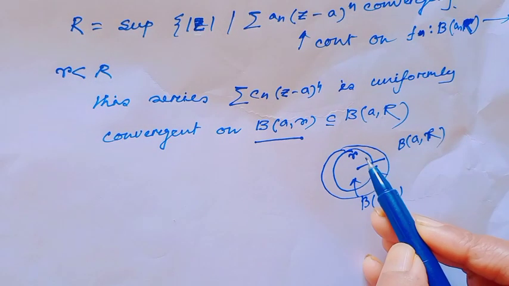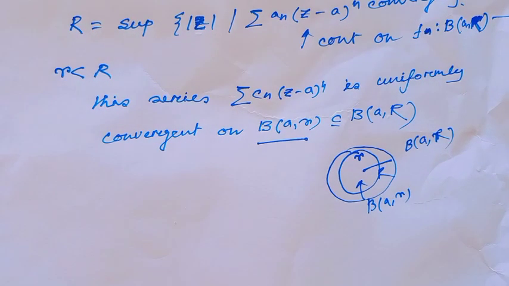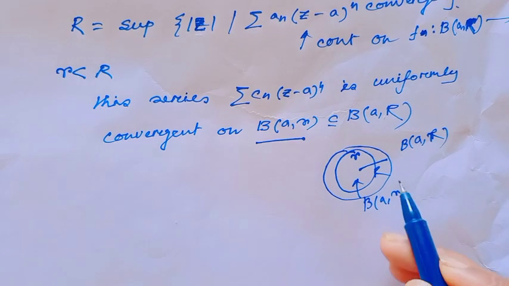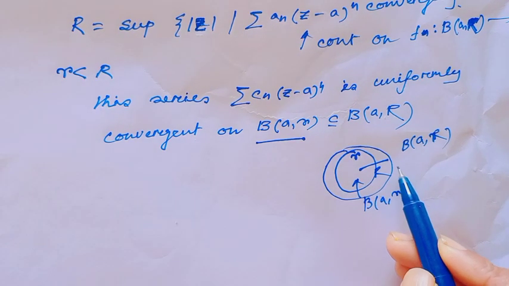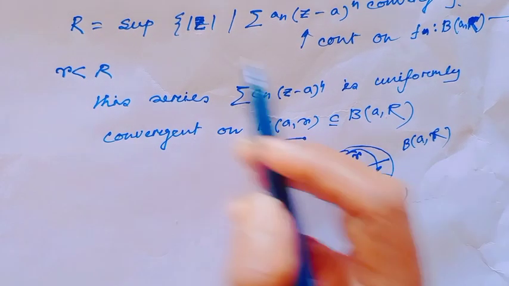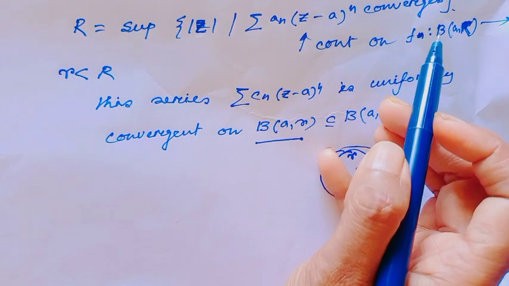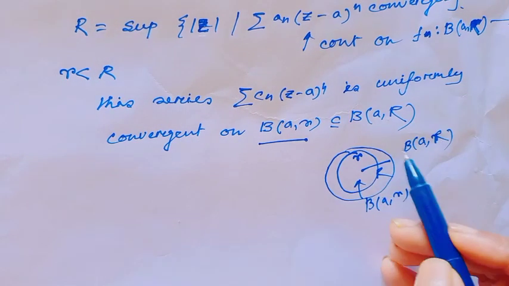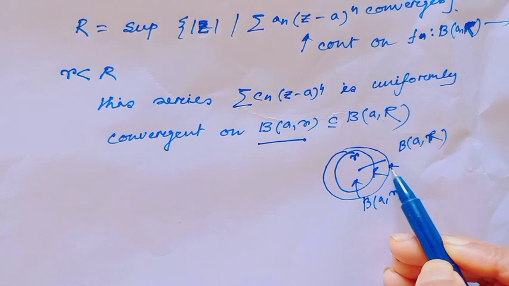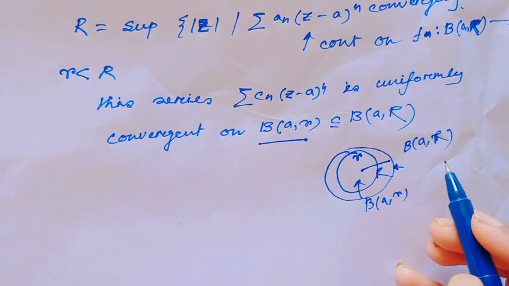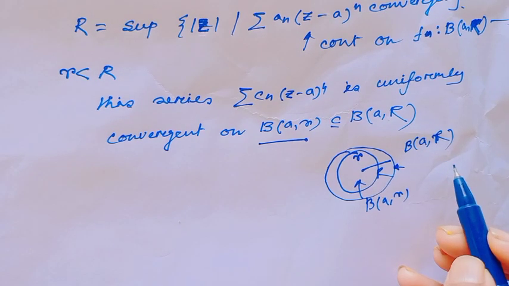Here I have taken a small region because, as I showed in my previous video, R is the supremum of the convergence, and at the point R there exist some power series which are not convergent.